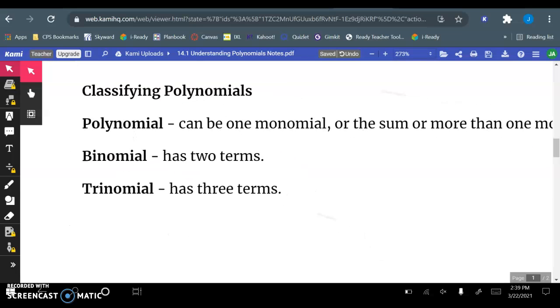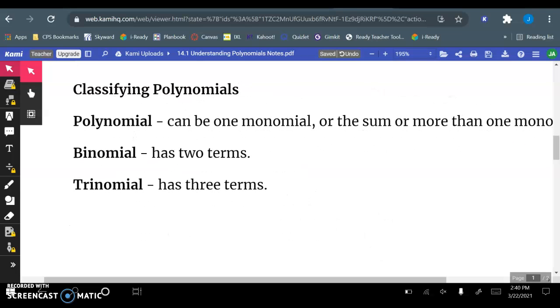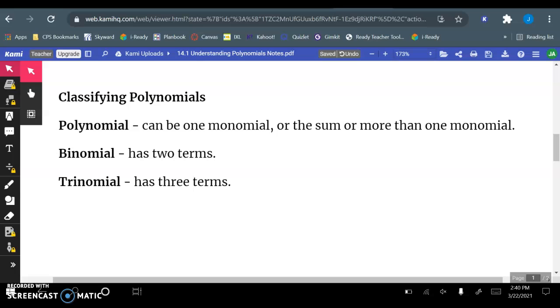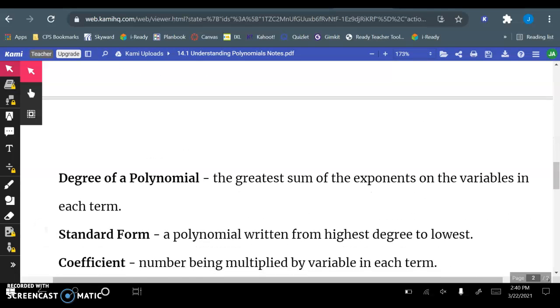So now to classify polynomials, we need to have a few more vocab words here. A polynomial is a monomial or the sum of more than one monomial. So we can have more things added or subtracted together. A monomial has one term, a binomial has two terms, and a trinomial has three terms.